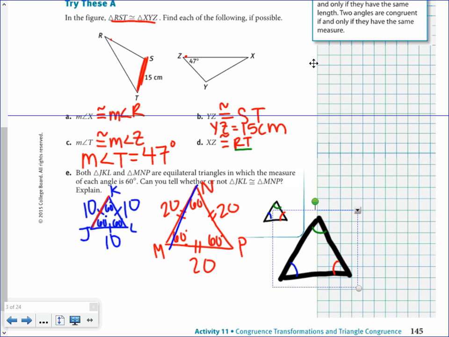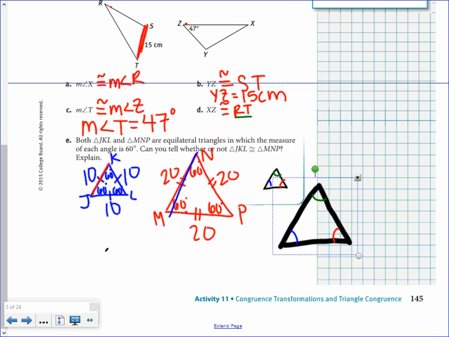So, question to make you think, what additional information would you need to be able to find the other missing measures? If I knew that my angles were 60. So let's say I have a triangle here and all of the angles are 60, and I have a triangle here and all of the angles are 60.